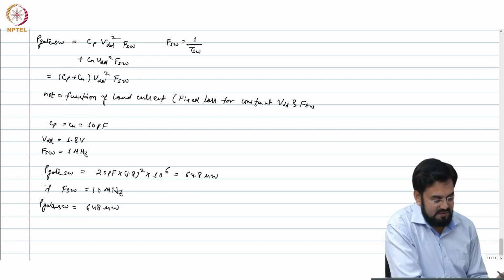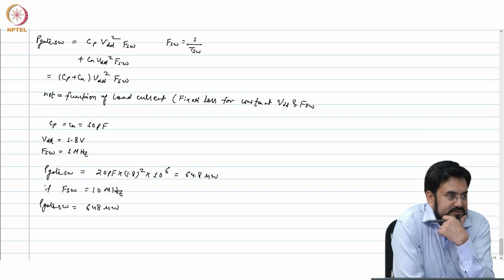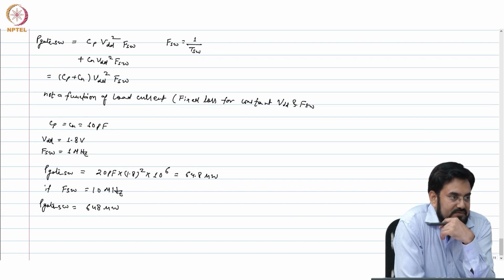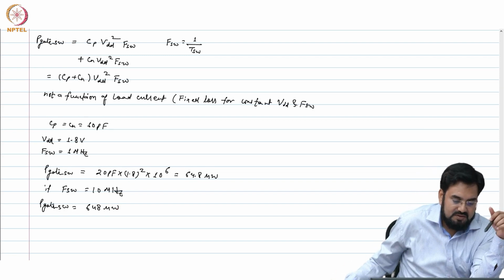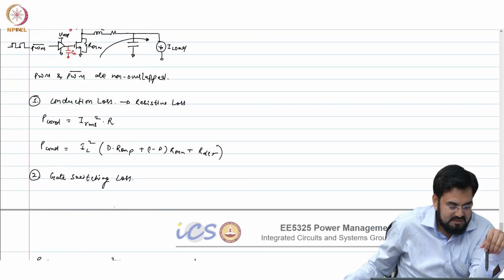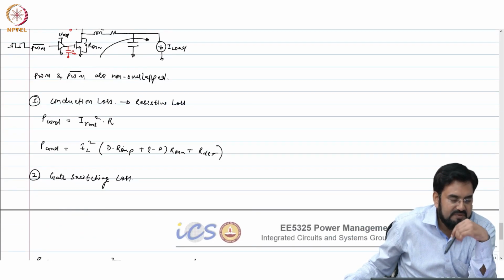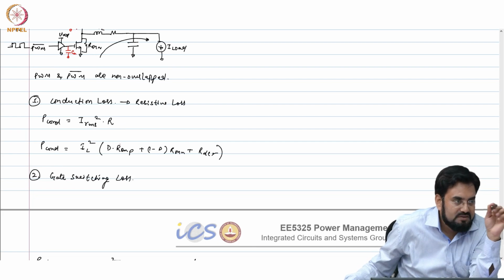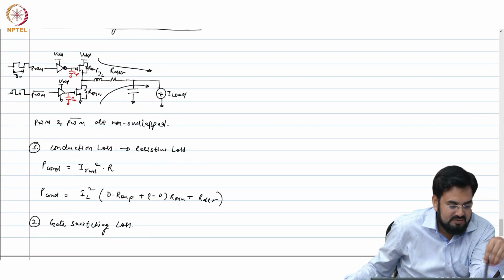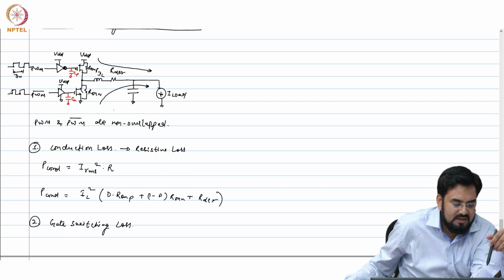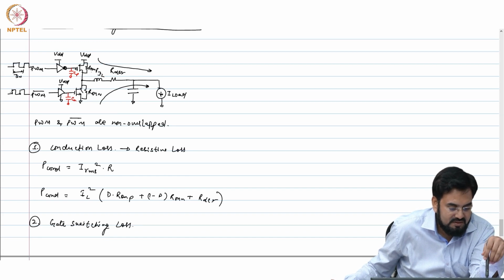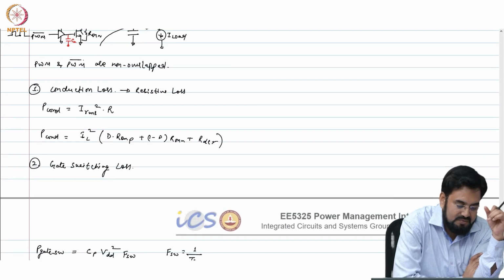So now let's say you're running at 10 megahertz and this 100 milliohm is the resistance of this conduction path, where RDCR plus R1 of the devices, 100 milliohm.